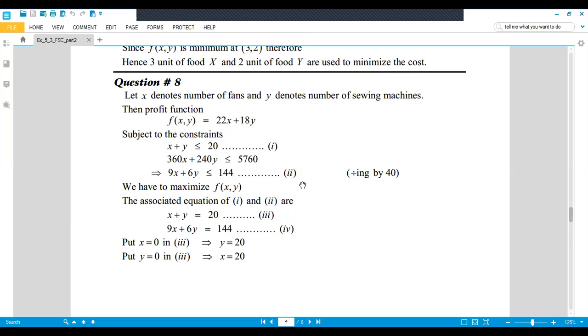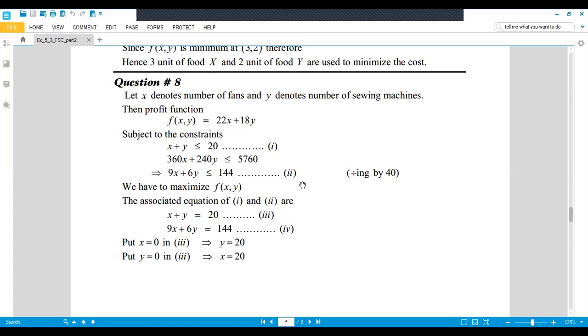A fan costs him rupees 360 and a sewing machine costs rupees 240. His expectation is that he can sell a fan at a profit of rupees 22 and a sewing machine at a profit of rupees 18.